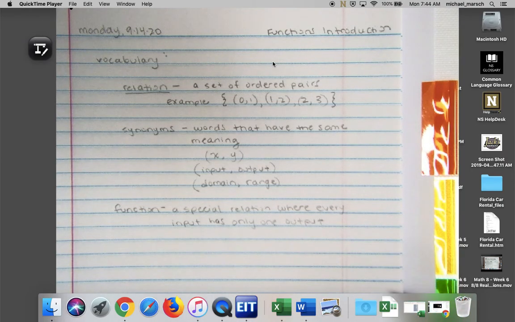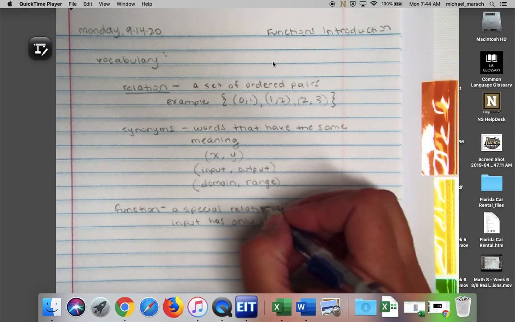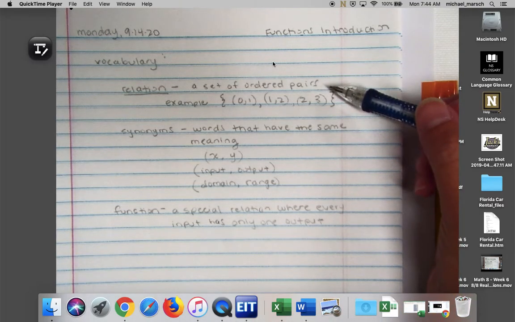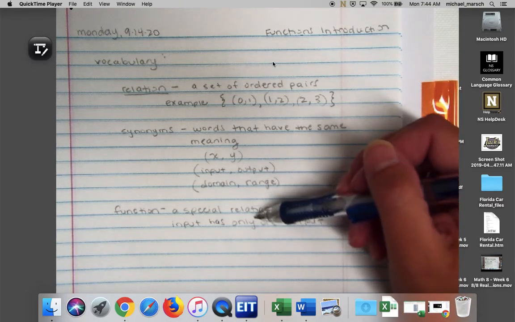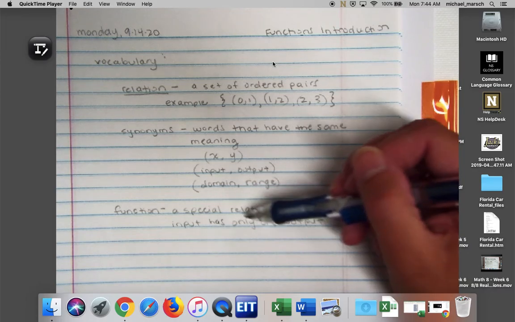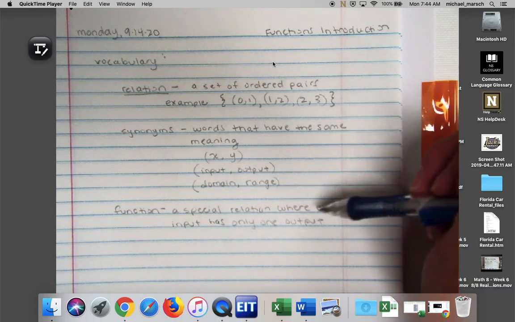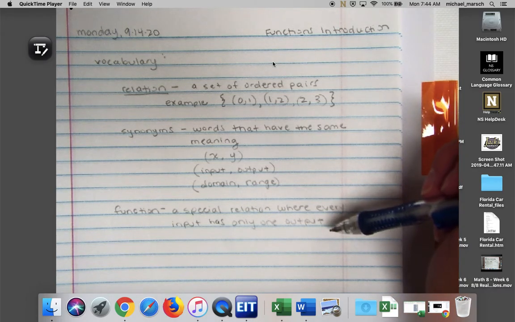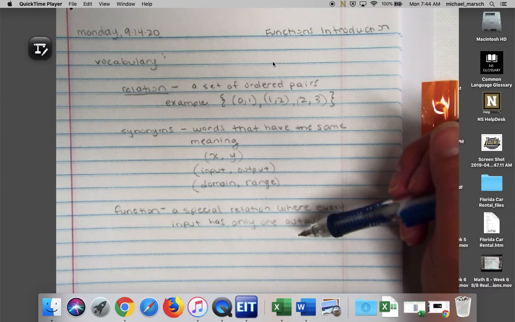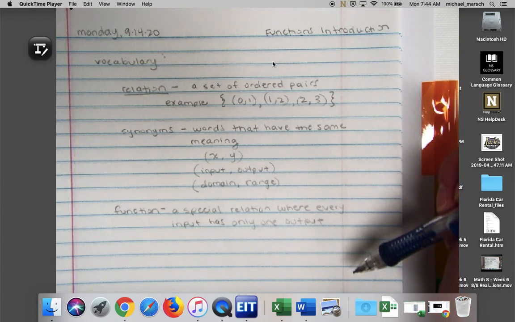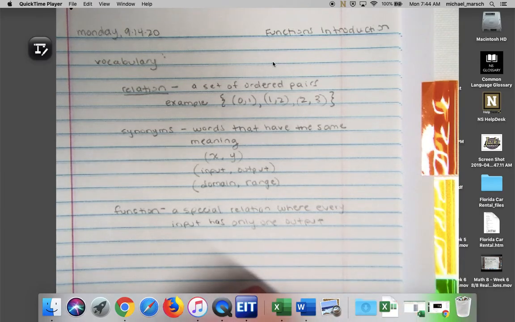Okay, so we're talking about a special relation. So that word relation comes back up here to this definition. So we're talking about a special set of ordered pairs, where every input has only one output, meaning that every x is only connected to one y. Okay, so input, outputs, those are the connections there.